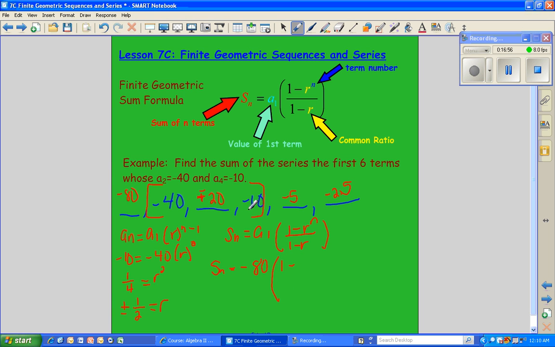We get 1 minus a half, and n is 6 over the 1 minus 0.5. We're going to use this in the calculator, 0.5 to the 6, 1 minus that, and divide that by 0.5, and multiply that by 80. And so you'll get your sum is negative 157.5. And you could run this again with your r being the negative 1/2.